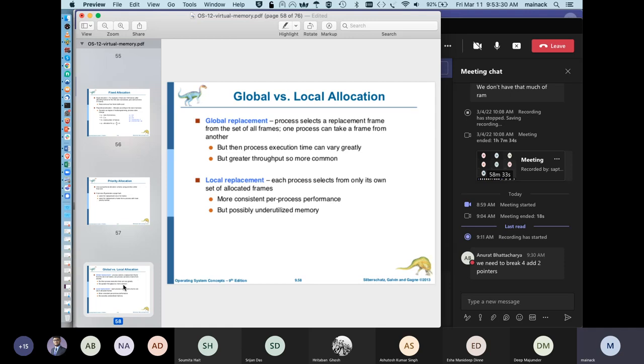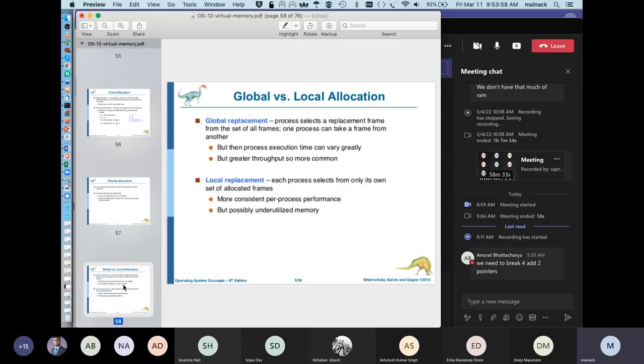Generally, in practice, people use global replacement because there is higher throughput. Local replacement gives more consistent per process performance, because each process is happy. They have their fair share of frames, a unique share of frames. However, in practice, local replacement leads to underutilized memory. If you give a process 50 frames, they are hardly going to use all 50 frames.